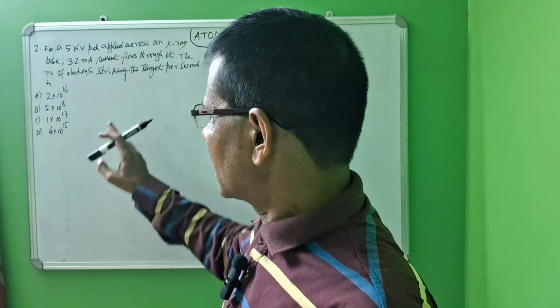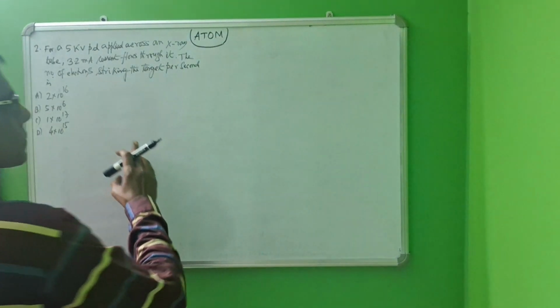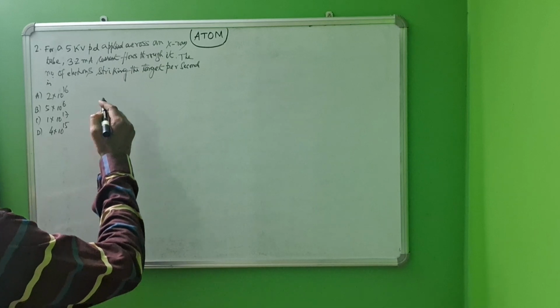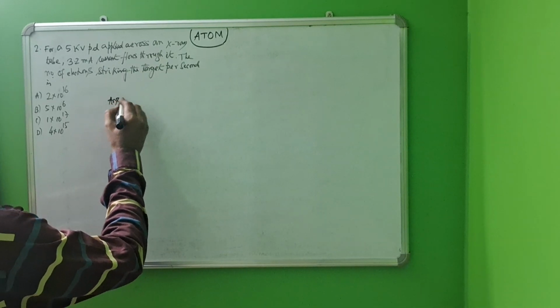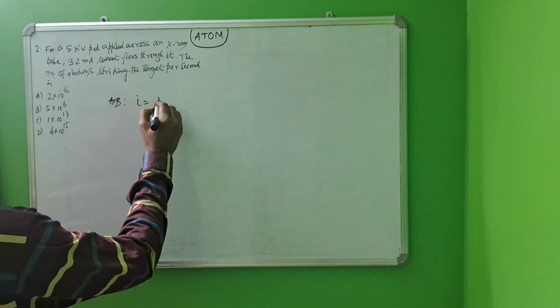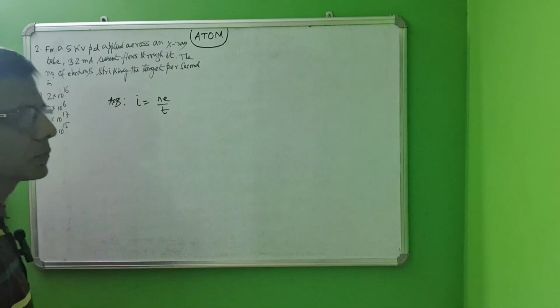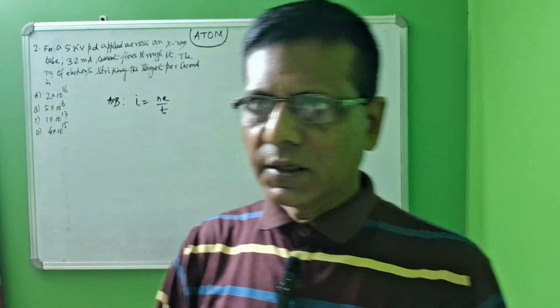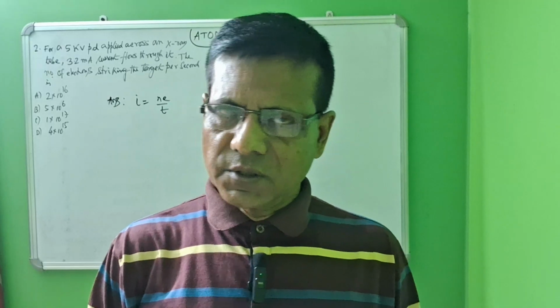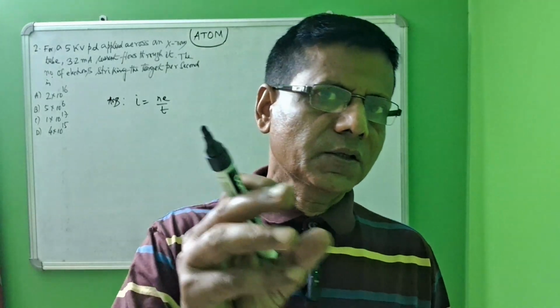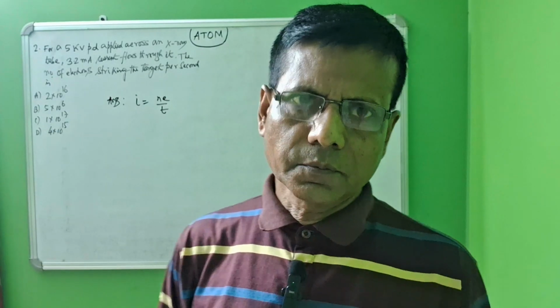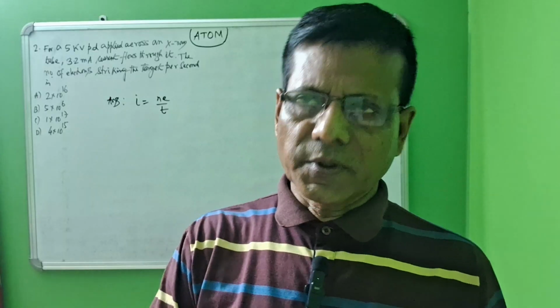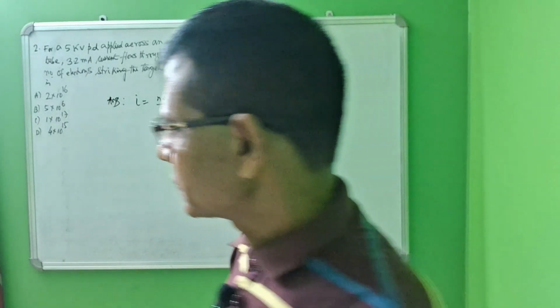So here I equals ne upon t, because n is the number of electrons, ne is the total charge and t is the time. Charge by time equals current, you know.